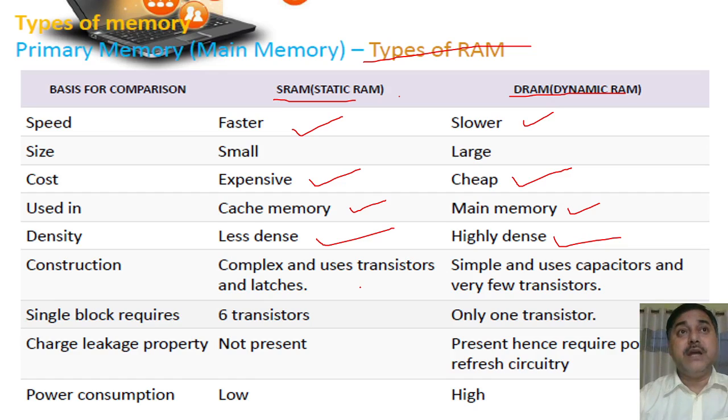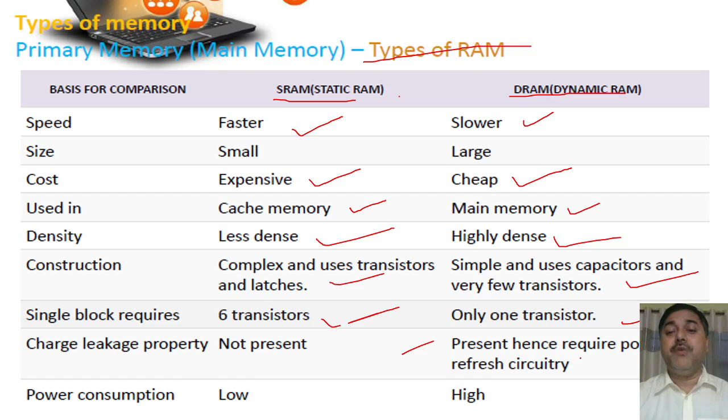In static RAM the construction is complex and the transistor is latched, but in dynamic RAM we find a capacitor and few transistors. For signals, 6 transistors are used to send the signal in static RAM, but in dynamic RAM only 1 transistor is used.